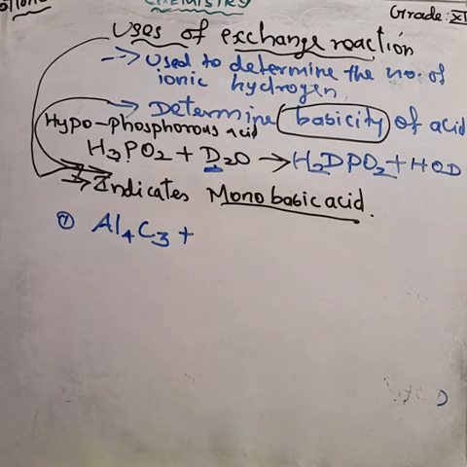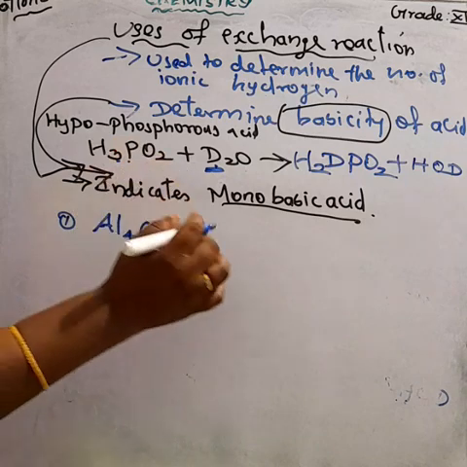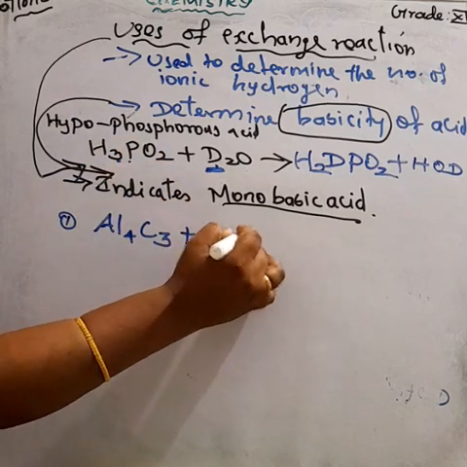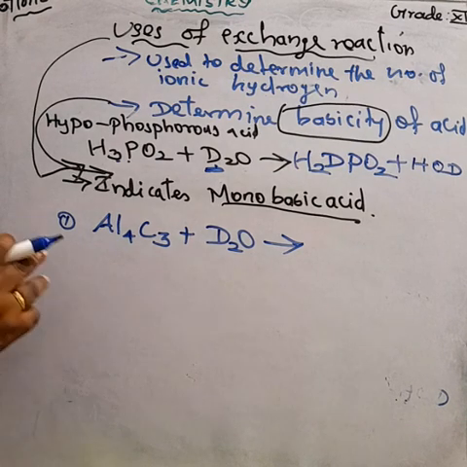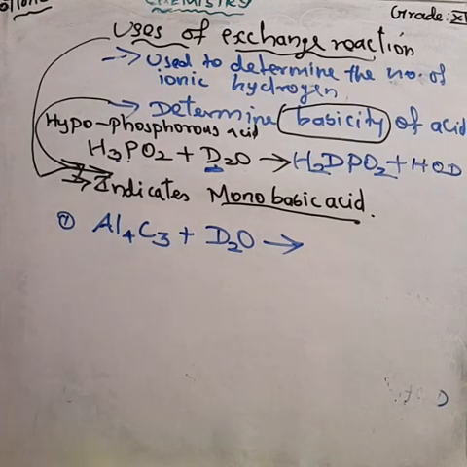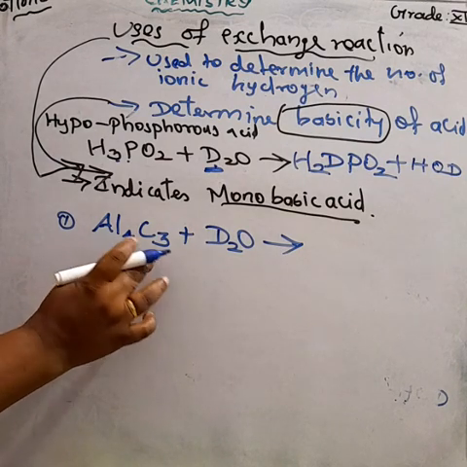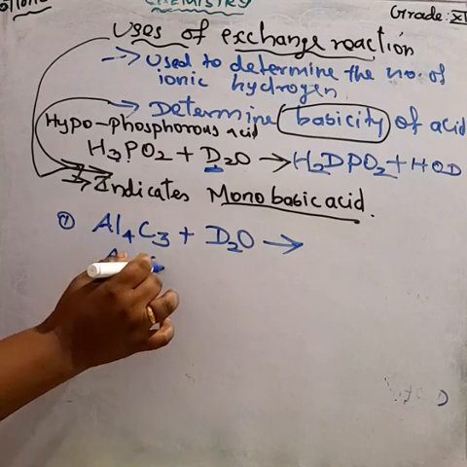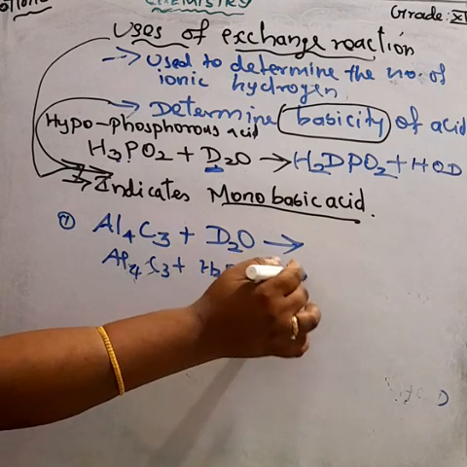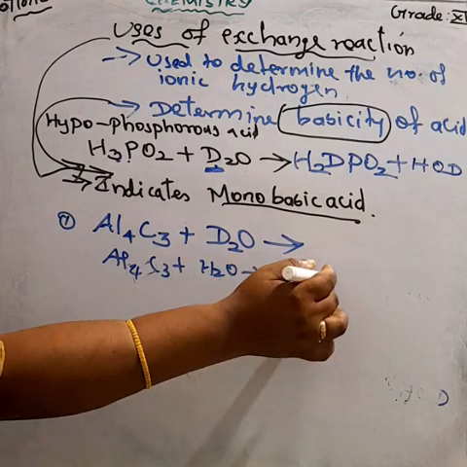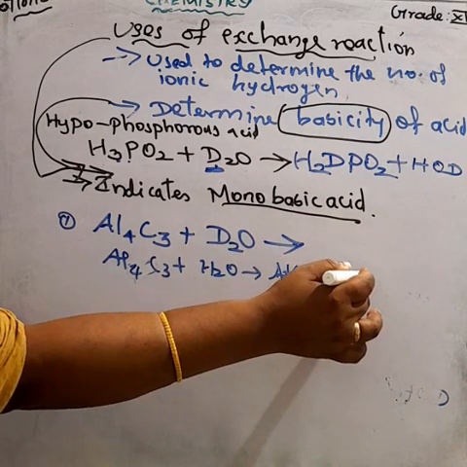Aluminium carbide, Al4C3, when it reacts with deuterium oxide, heavy water D2O, gives aluminium deuteroxide. When aluminium carbide is treated with ordinary water, H2O, we get aluminium hydroxide, Al(OH)3, and methane, CH4.